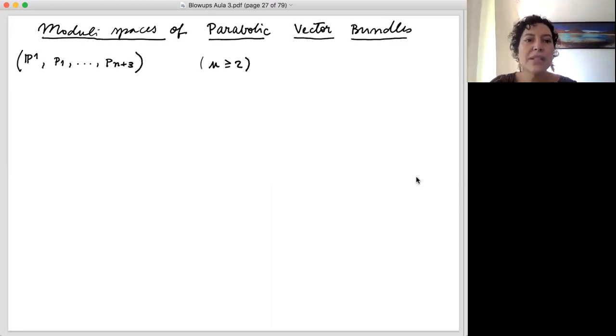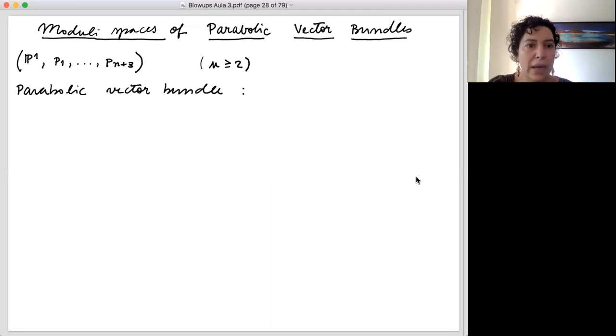So first of all, this is going to be parabolic vector bundles on P1 with n+3 parabolic points. So we fix the projective line P1, and we fix n+3 points in the line. And now I will say what a parabolic vector bundle is.